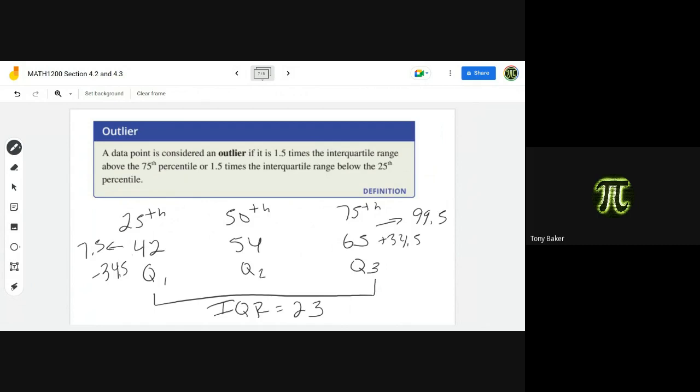Then I would ask a question, find me the 10% trimmed mean, taking into account that I know there's an outlier, and that would take care of the one outlier that I had. So I wouldn't ask you then to figure out what percent you'd have to trim off the outlier, because we haven't done that. That's a little more extreme measure of doing them. So if I was going to do one like that, that's how I would do that. Okay. All right. Any questions with box and whisker plots and outliers? Okay, good.